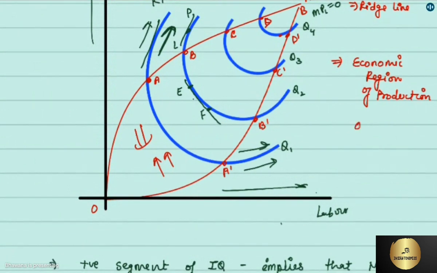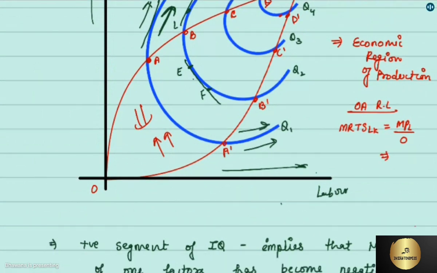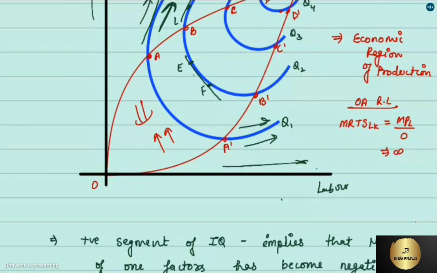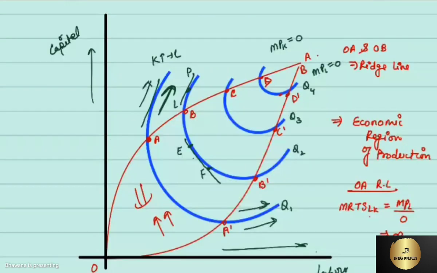because above the OA ridge line, when you take MRTS LK, your MPK is 0. So when you divide a positive term by 0, you will get infinite. So above the OA ridge line, your MRTS LK is infinite.